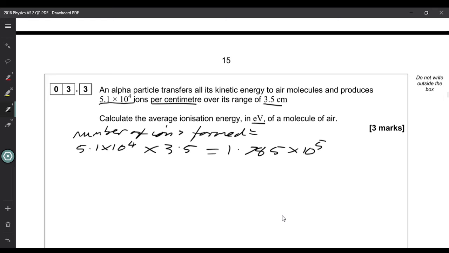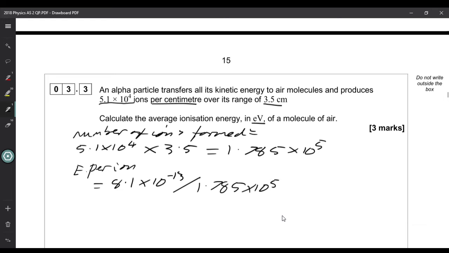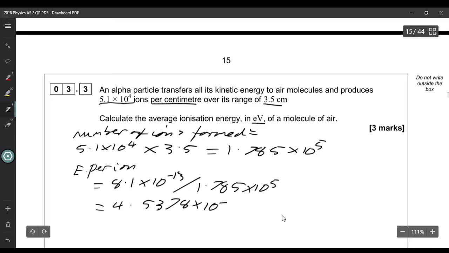So the amount of energy per air molecule, the E per ion, is going to equal 8.1 times 10 to the minus 13, which is the kinetic energy of the alpha particle, divided by the 1.785 times 10 to the 5 air molecules, and that comes out to be 4.5378 times 10 to the minus 18.